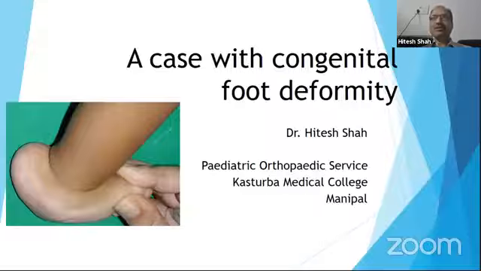But we do see other congenital anomalies of the foot and leg. We have already discussed angular deformity, tumors, and cubitus varus, so those cases I will not discuss.